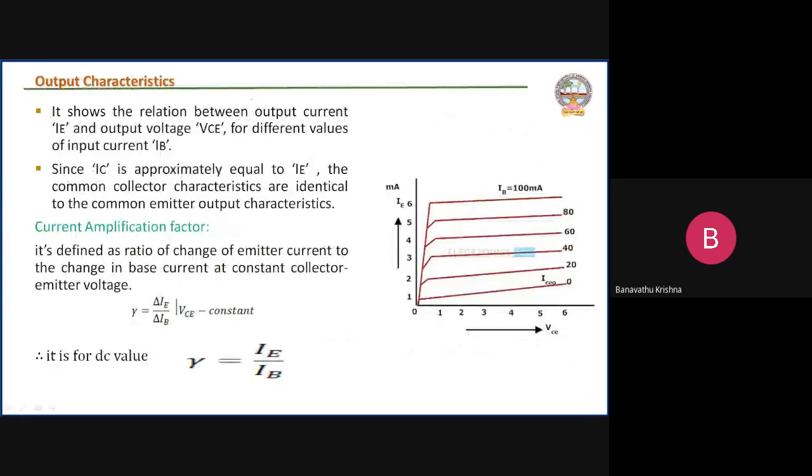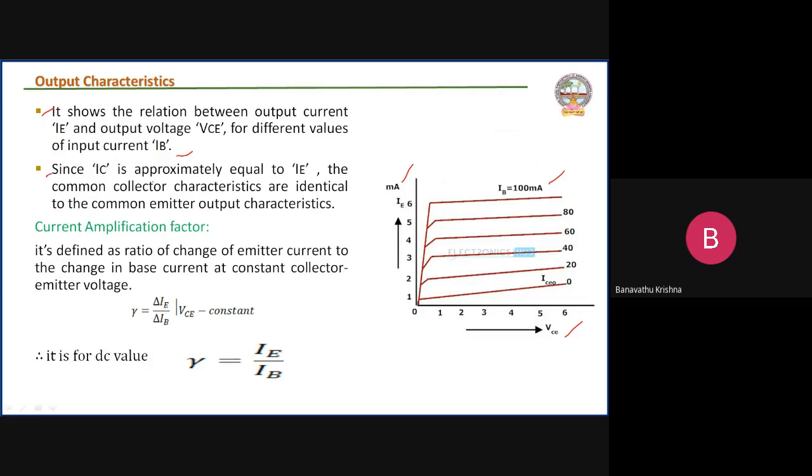Coming to the output characteristics, it is the relationship between the output current IE and the output voltage VCE for different values of input current IB.